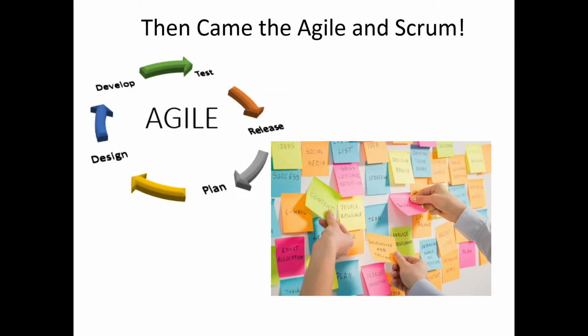Then came the Agile and Scrum, right? A lot of talk about Agile, got a lot of good attention, and the Scrum team works together with business. So business value is the focus in Agile. Build the right thing, because business is always there at the table.